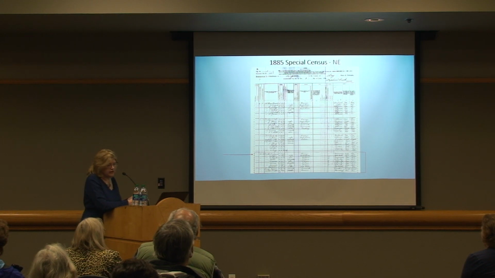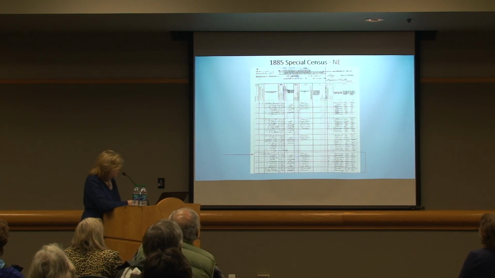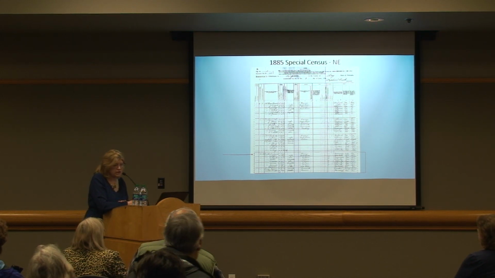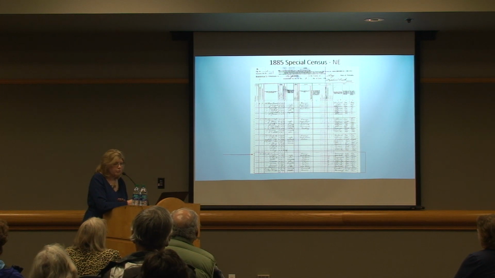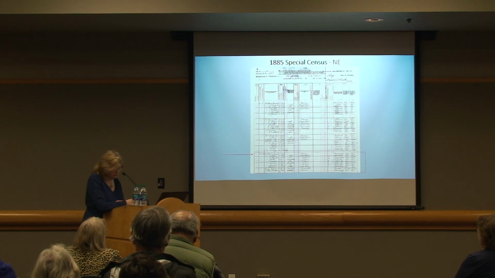This is very similar to the 1880 census, as you will see with some of the state censuses. But just know that when they took this special census, not only did they do the population schedule, they also created agriculture, manufacturing, and mortality schedules for these too, just like they had up through 1880.